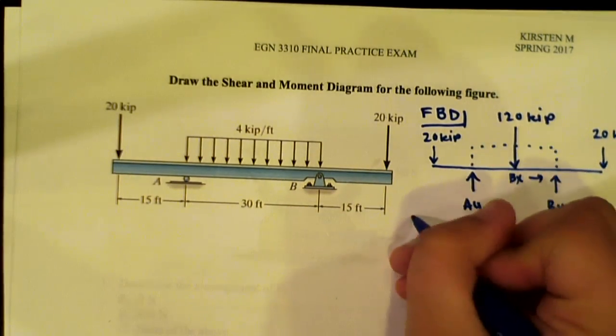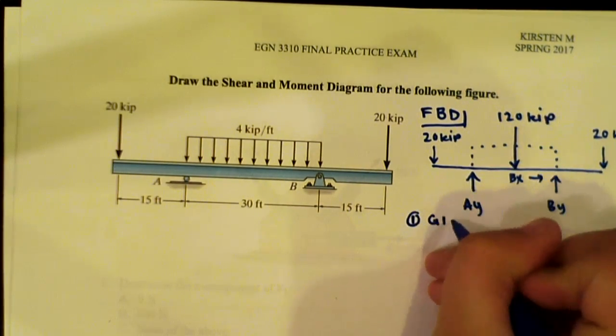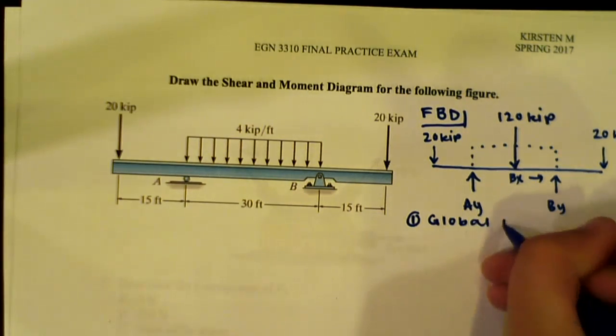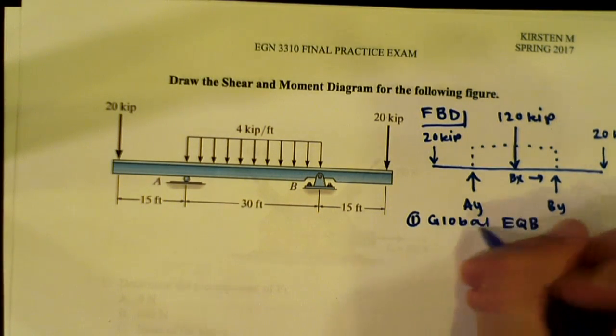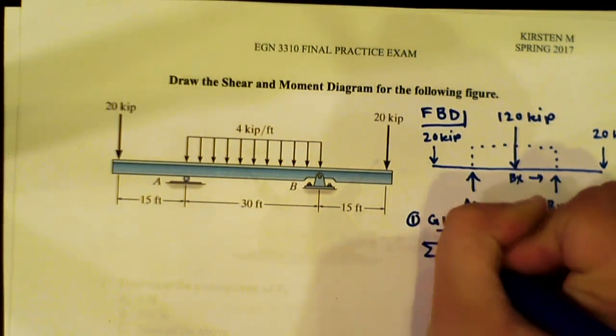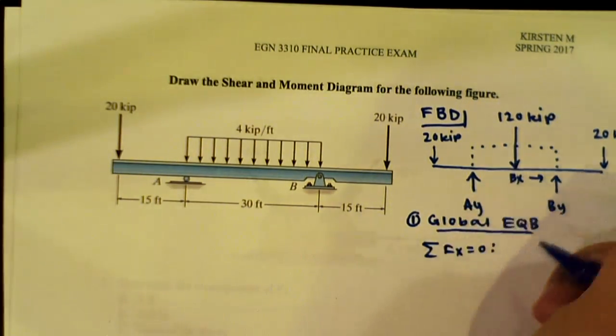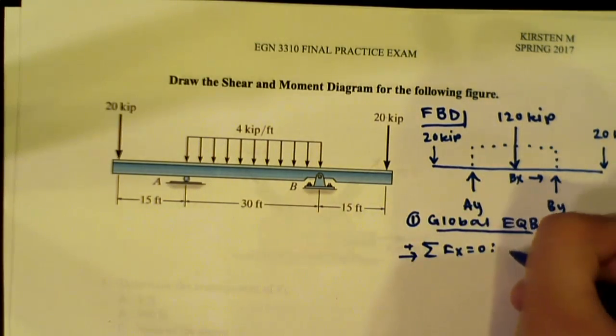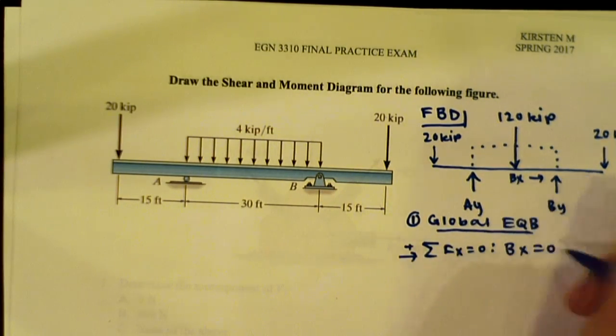So now, if we do our global equilibrium, and we do the sum of our forces in the x direction, we know that our Bx is equal to 0.